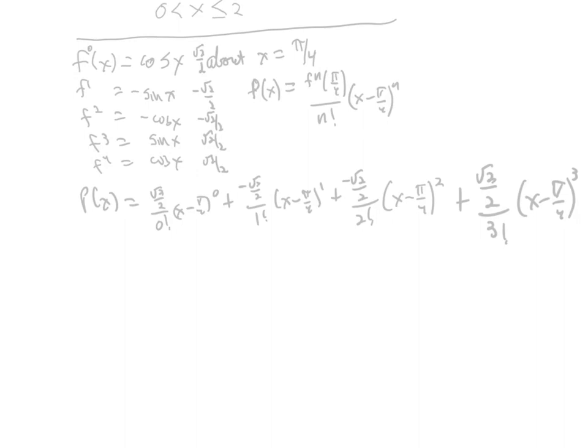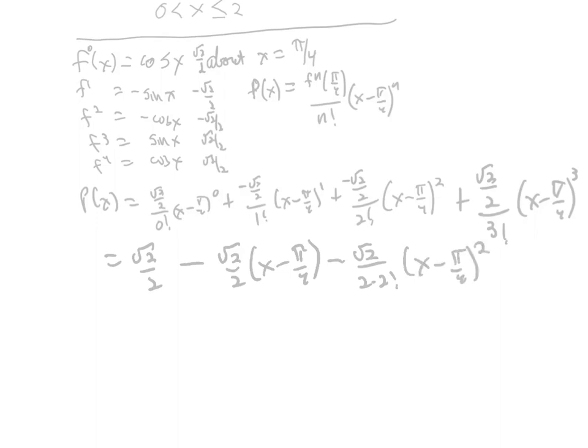All right, I'm going to try to pretty it up a little bit. That just turns into square root of 2 over 2. The second term is negative square root of 2 over 2 times x minus pi over 4. The next term is also negative square root of 2 over 2 times 2 factorial, x minus pi over 4 to the second.